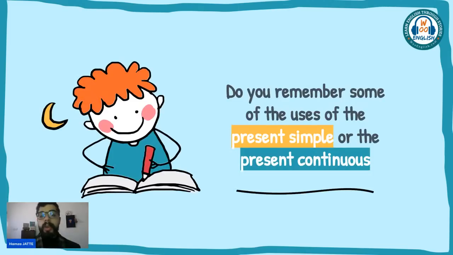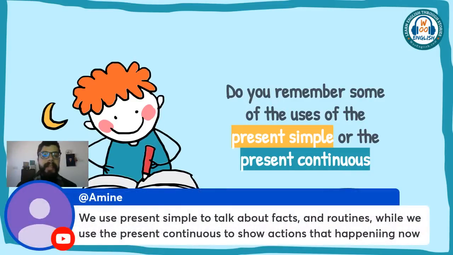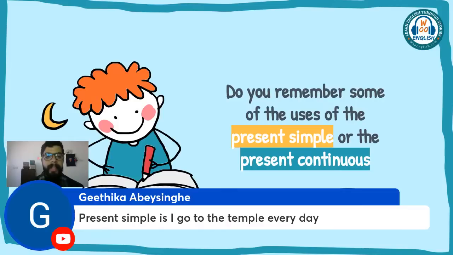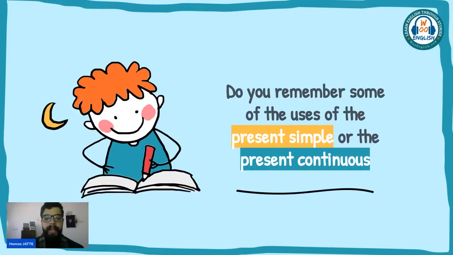Amin already gave us a wonderful answer. He said the present simple is used for facts and routines, and the present continuous is used for actions that are happening right now, at this moment of speaking. And Gathika gave us a wonderful example: I go to the temple every day.